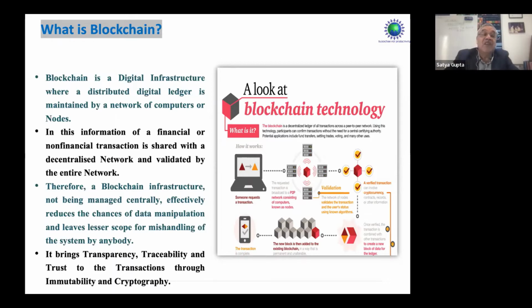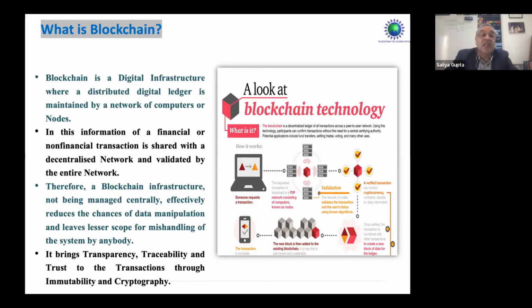In this, information of financial as well as non-financial transactions is shared with a decentralized network. Decentralized network means there is no central control. It is totally distributed and autonomous, and validated by the entire network, because each node of the network plays a role and adds value and trust.